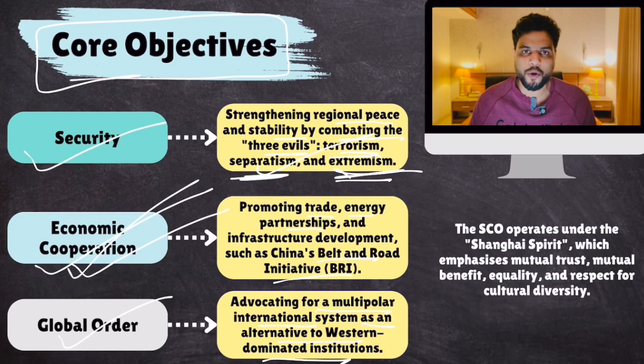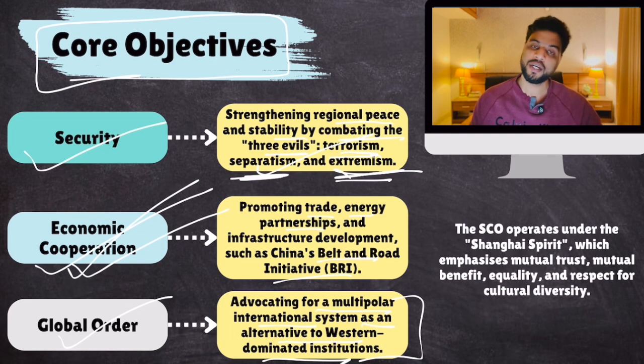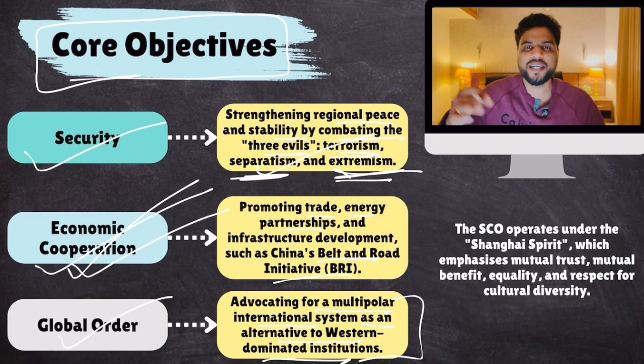And which are these Western dominated institutions? UN is criticized for that. World Bank is criticized for that. IMF is criticized for that. So they wanted to create their own alternative to Western dominated global institutions. And that is why India sees some advantage in SCO, because India is also fed up of this Western domination.